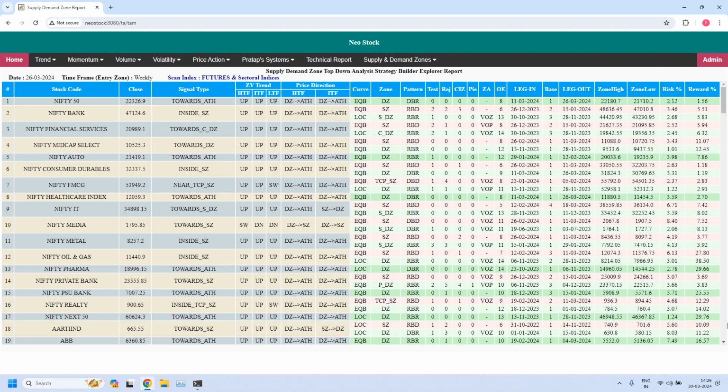What you need to do is just pause the video. Whichever stock you want to refer, there you pause the video. So I'm scrolling down. I'll be giving you only a few seconds for each scroll.